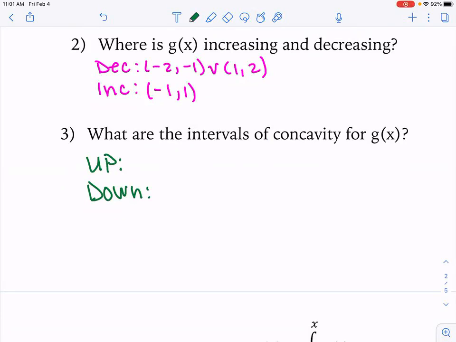Okay, where our derivative is increasing, our second derivative is positive.